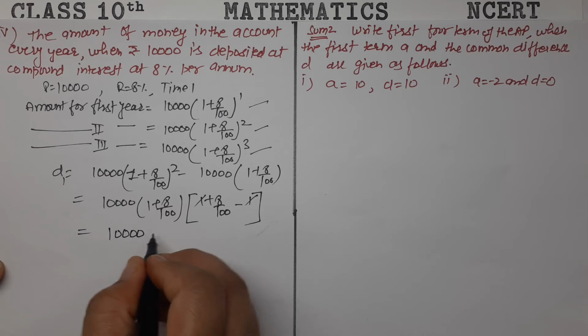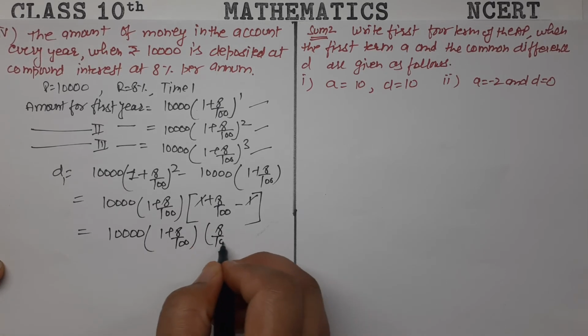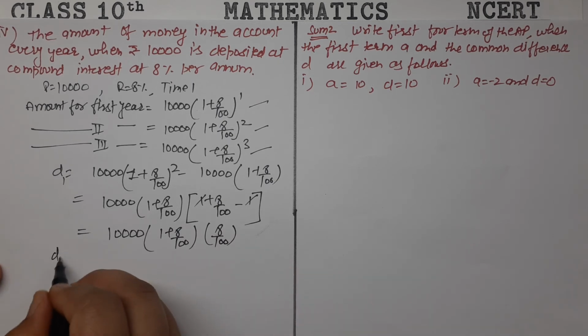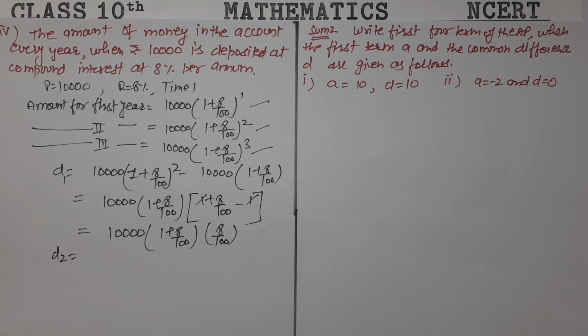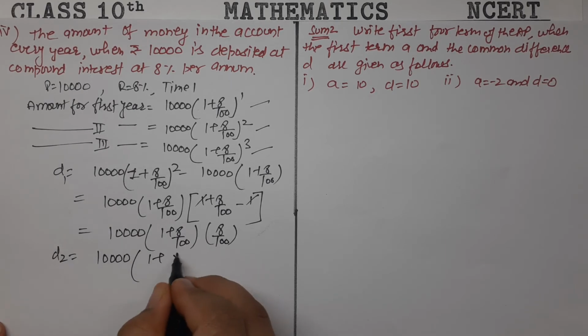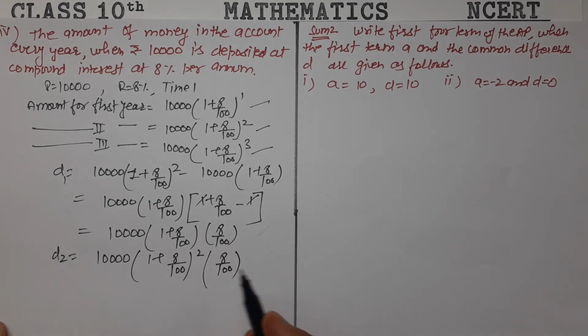We have D1. Similarly, when we find D2, we have a different value. Here D is not the same, that's why the given situation does not form an AP.